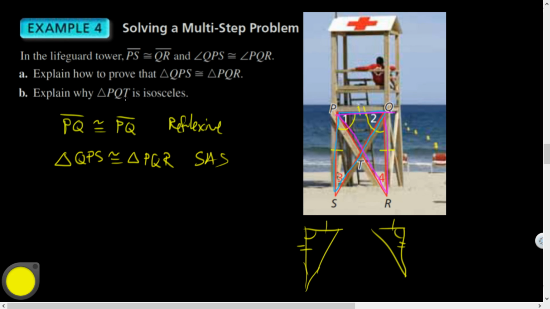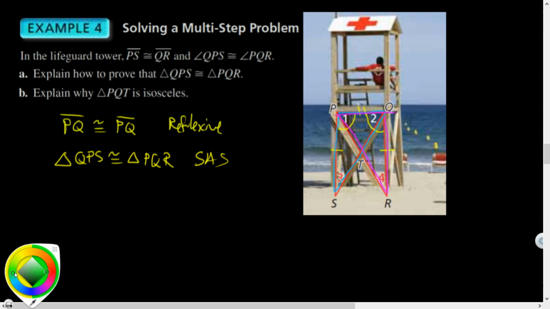And then it says, explain why PQT is isosceles. And that is regarding, let's see, PQT. So this triangle. Now let's see.